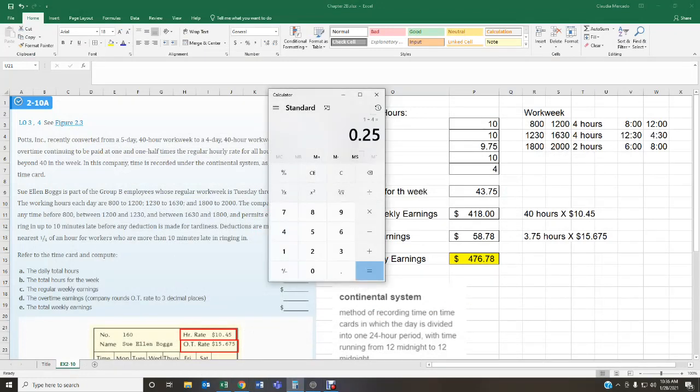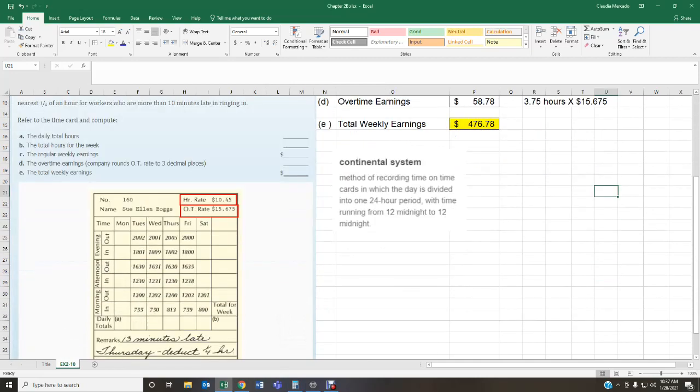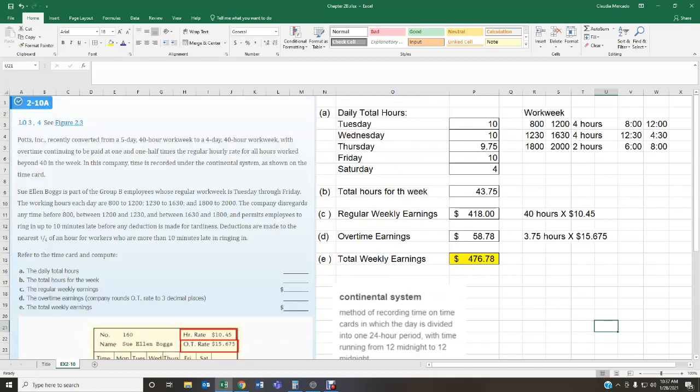We know that if you're more than 10 minutes late, you're going to get docked 0.25 hours. So that is basically the problem. It's just a matter of reading, and this problem makes it really easy for you because they give you the adjustments right there. There's only one adjustment, which is on Thursday, for that deduction caused by being 13 minutes late on Thursday morning. I hope this helps you.